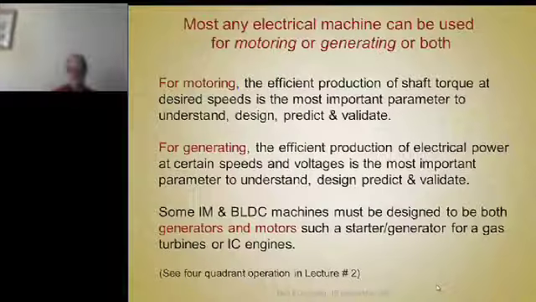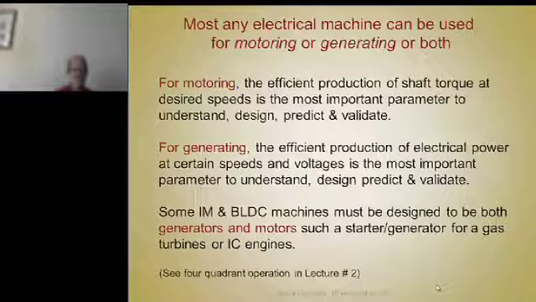That doesn't have anything to do with generating power, except for the thermal aspects. So in generating, the iron losses are considered mechanical losses. For motoring, the iron losses are considered electrical losses, same as the ohmic losses.